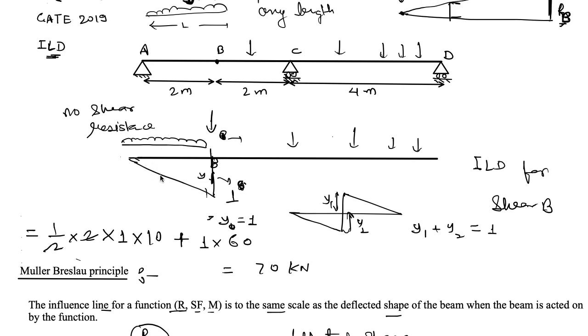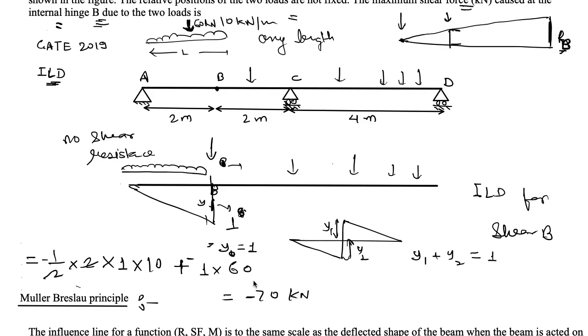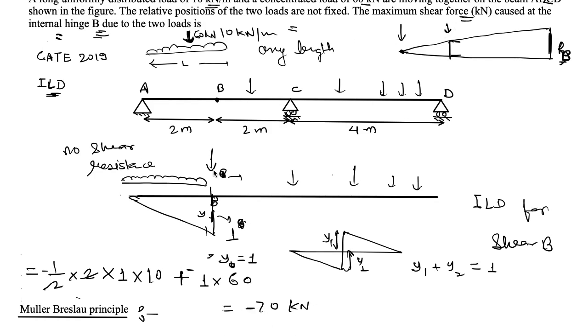And because it is on the negative side, both of them will have a negative sign. So this value will come as minus 70 kilonewton. That will be the maximum shear force caused at this internal hinge B, that is minus 70 kilonewton.